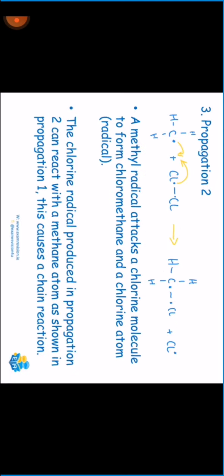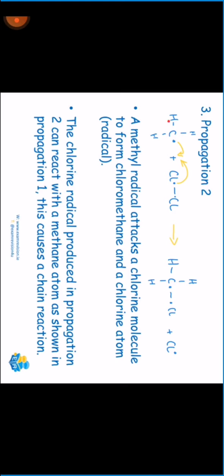The next step is propagation 2, and what we need to remember is that propagation involves the use of a free radical to form another free radical. So we can see that our methyl radical here attacks a chlorine molecule to form chloromethane and a chlorine free radical.